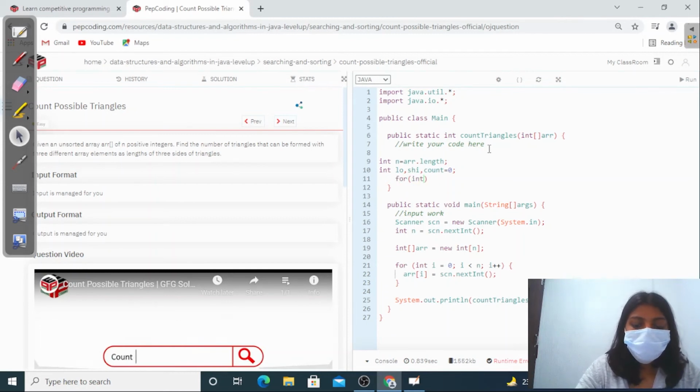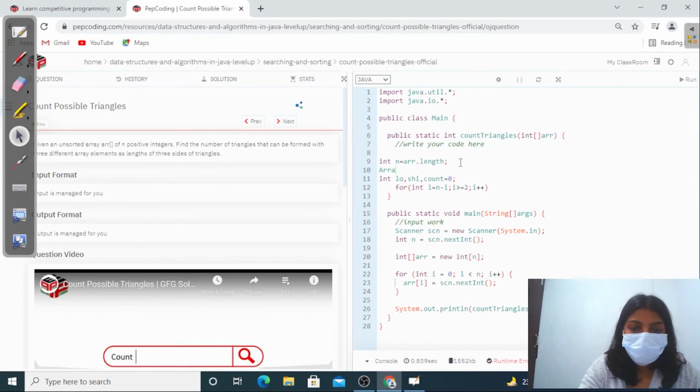For int i equal to n minus 1, because first of all my highest would be at that position, while i is greater than or equal to 2, and i minus minus. And I forgot to sort my array, so sort it: Arrays.sort(arr).